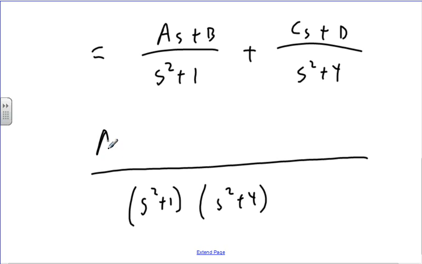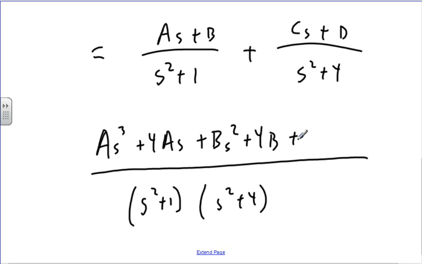I'm going to have as cubed plus 4as plus bs squared plus 4b plus cs cubed plus ds squared plus cs plus d.